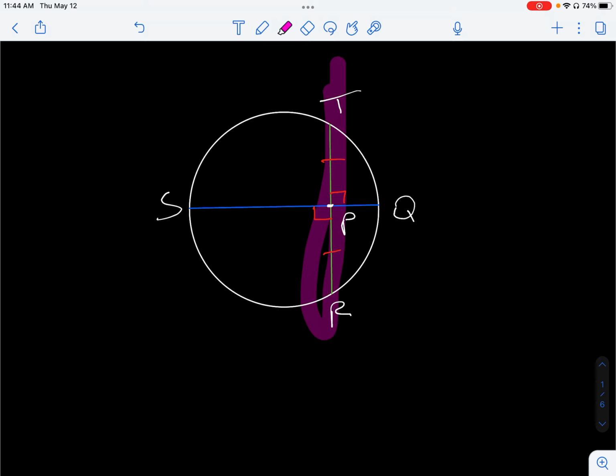We have chord RT, which is clearly a chord, clearly on the circle. And it's perpendicular. It bisects it. So that means that SQ is the diameter of the circle.